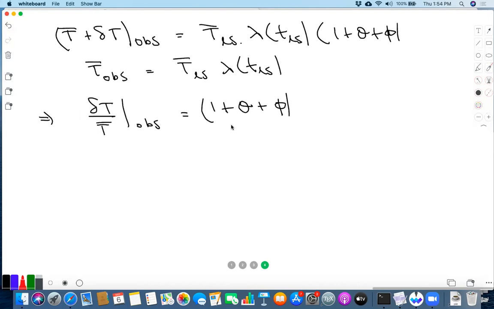And now if you remember that theta we derived as minus 2 over 5 times r, and phi we had derived as 3 over 5 times r. There is no 1. There is a 1, thank you. So theta plus phi is equal to 1/5 r.